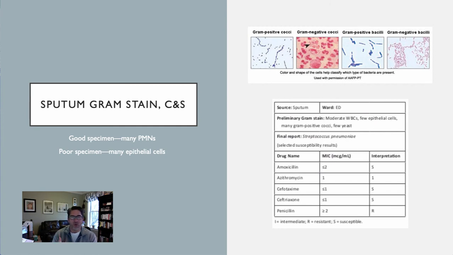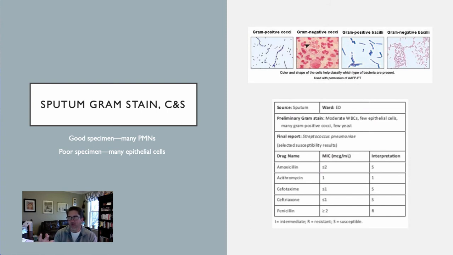So how can we use the knowledge from high school biology class to figure out whether this is a good specimen or not? Well, what we do is we stain everything that's in that specimen, and when we stain the white blood cells, we'll see them under the microscope. And if we have epithelial cells, we'll see them as well.